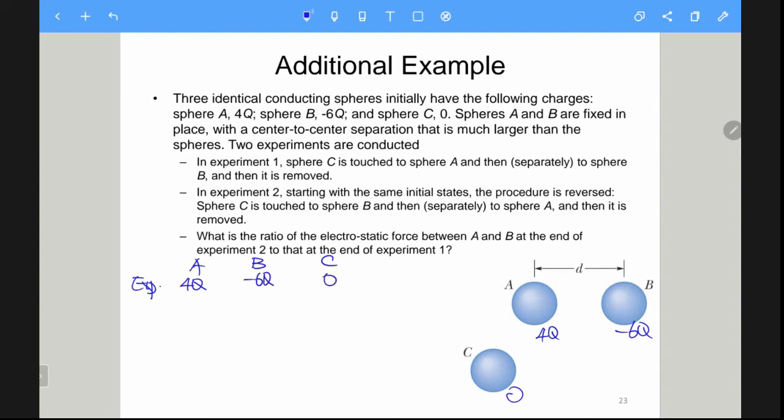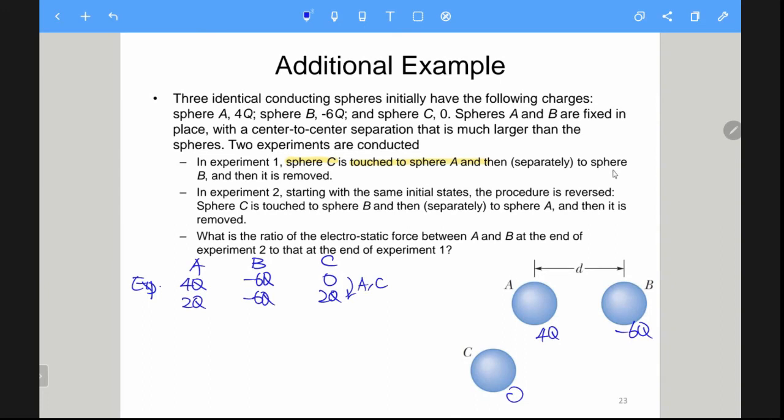For experiment 1, sphere C is touched with sphere A and then separated, which means the total charge on both A and C is equally distributed among them. After they are touched and separated, they both have (4Q plus 0) over 2, which is 2Q. So we have 2Q, minus 6Q, and 2Q.